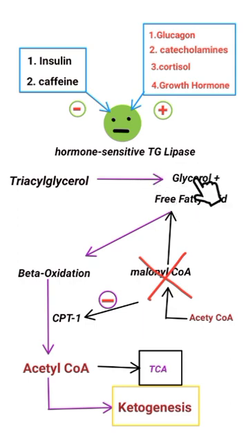Glycerol can be used in gluconeogenesis, or it can be used to produce dihydroxyacetone 3-phosphate, which can enter glycolysis, while the free fatty acids can be used in beta oxidation.